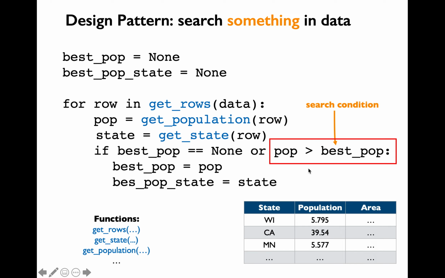We want to check the current iteration population against the previously known best population by saying that if population is greater than the previously known best population, then we want to update the best population with the current iteration population and the corresponding state with the current iteration state.